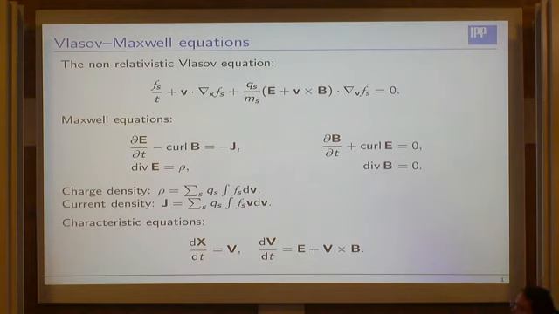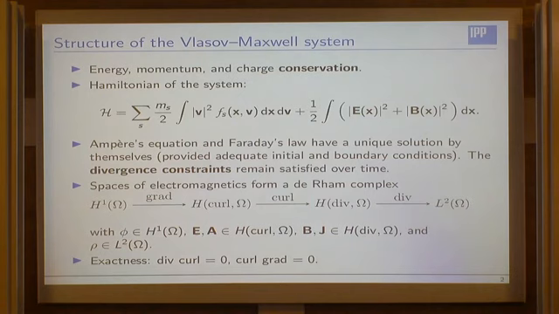And we have the characteristic equations, which become important for the particle-in-cell method, where you let particles represent your distribution function that evolve according to these characteristic equations. And there's a lot of structure in this system, and the idea is to keep as much structure as possible in your numerical method.